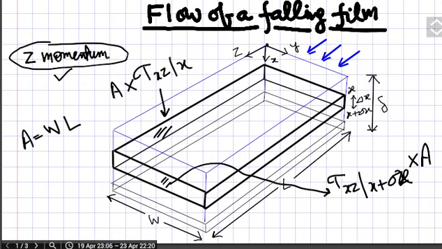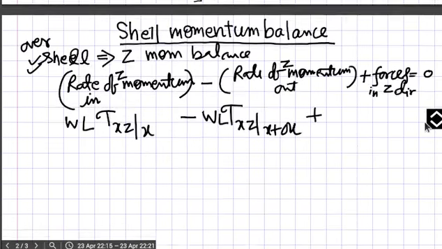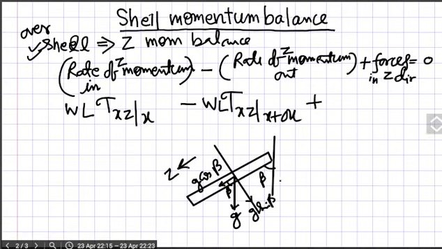So here we can define the angle beta that this plate makes with the vertical line. Because of this angle beta, this angle will also be beta. So in the Z direction the acceleration that will act will be g cos beta.